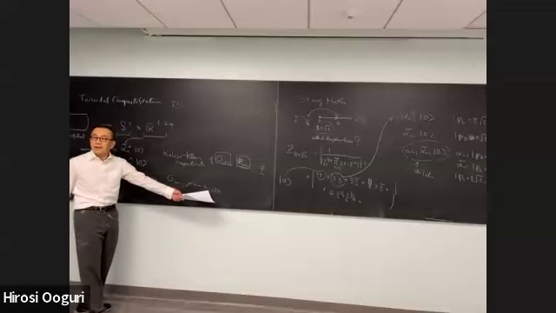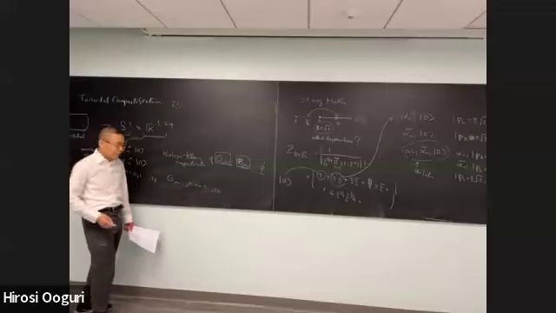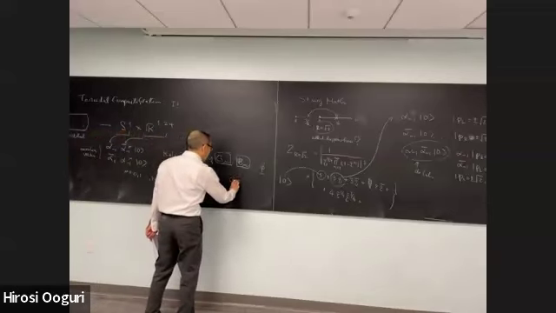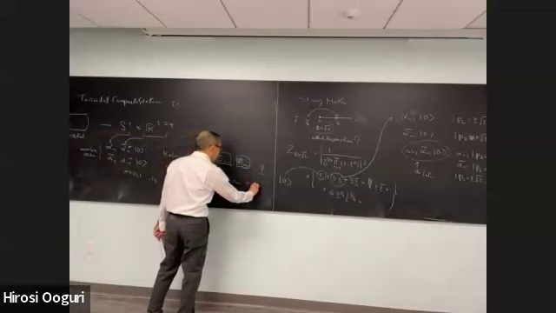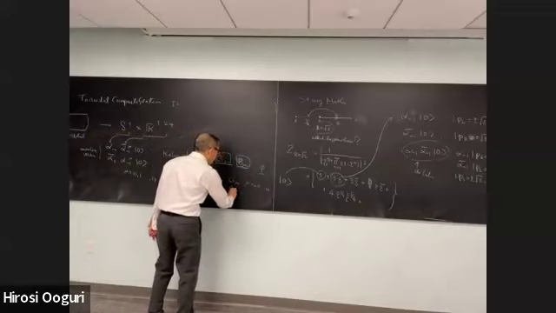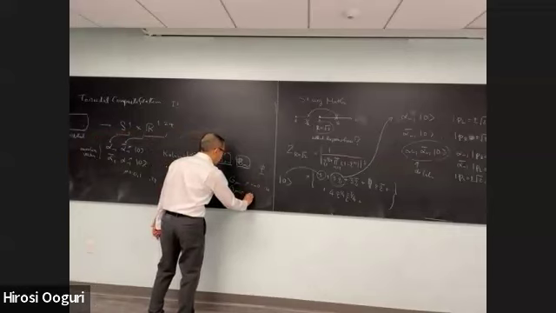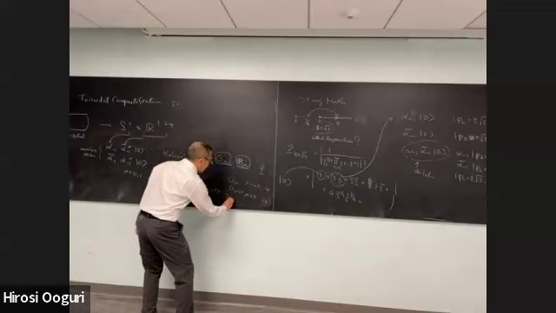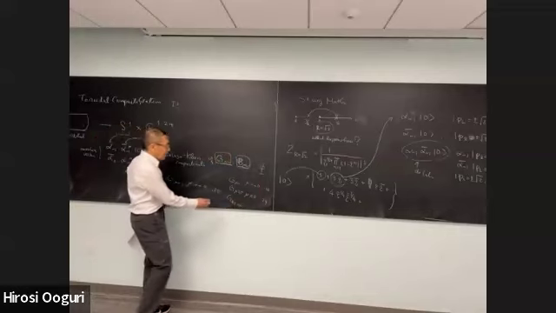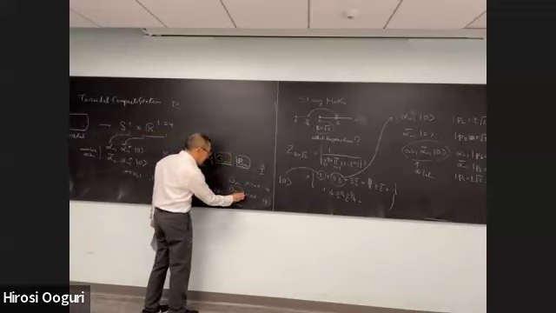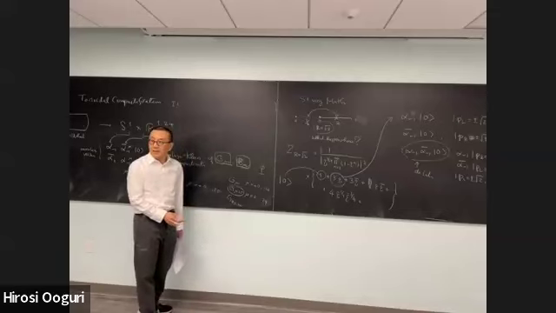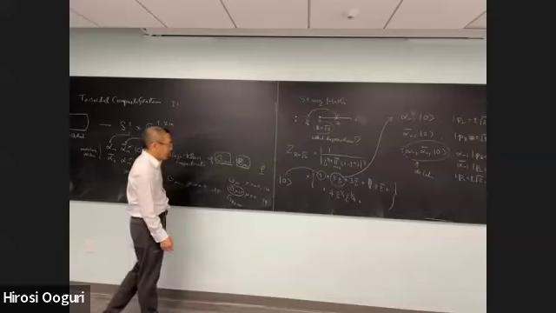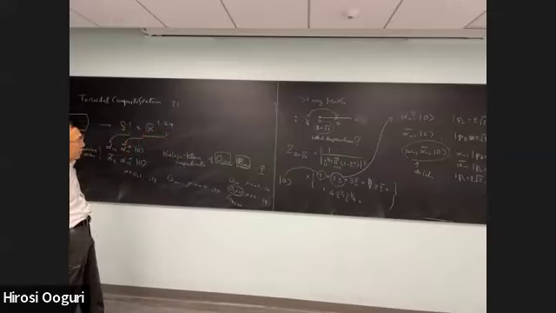But then if the 25th direction becomes a circle, then you can have a G mu nu, where mu and nu now go from 0 to 24, or G mu 25, where mu only goes to 24, or you can have G25, 25, right? You have these things. Okay, and this one is a vector in the remaining 25 dimensions.